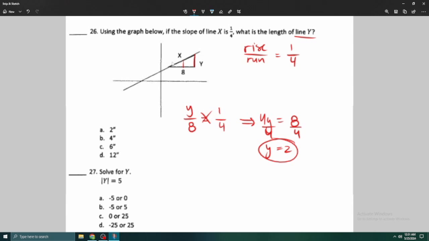Maybe you're taking some really shallow, not steep stairs. For every 4 steps that you take, you move 1 foot up. Well, if you took 8 steps, you'd be 2 feet up the stairs. Okay? So y in this case is 2.